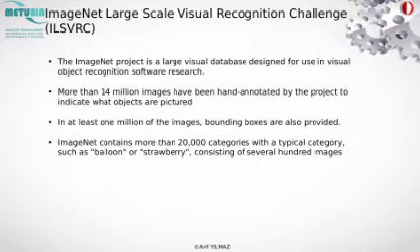So ImageNet is a large database. It contains more than 20,000 categories, and typical categories such as balloon and strawberries have a lot of samples. For the balloon category, for instance, it consists of several hundred images.